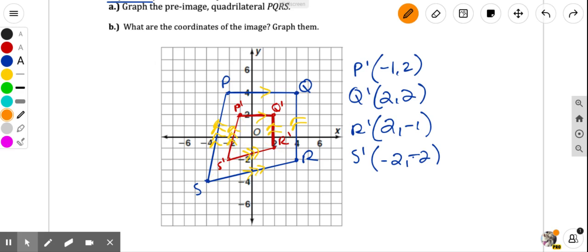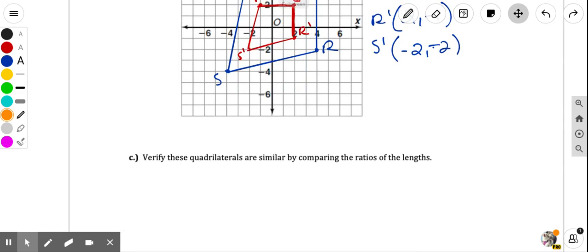Actually, I don't really like all that yellow. I'm going to get rid of it. That's another way you can tell if your dilations are accurate. The image and pre-image side lengths should be parallel, and the image and pre-image points should line up to the center of dilation.